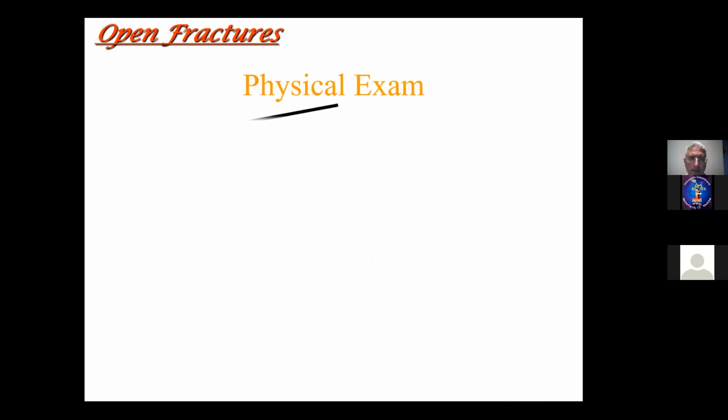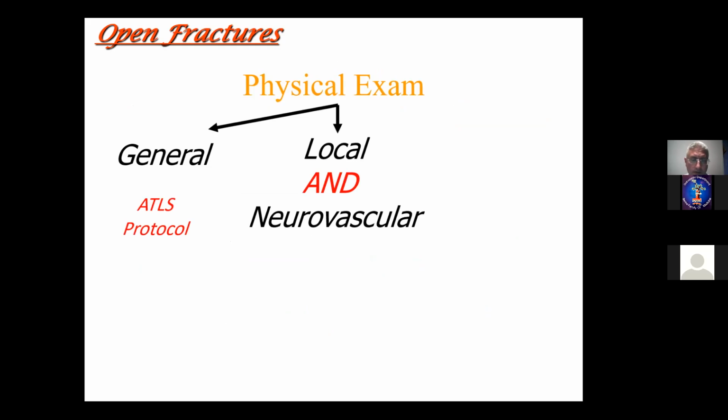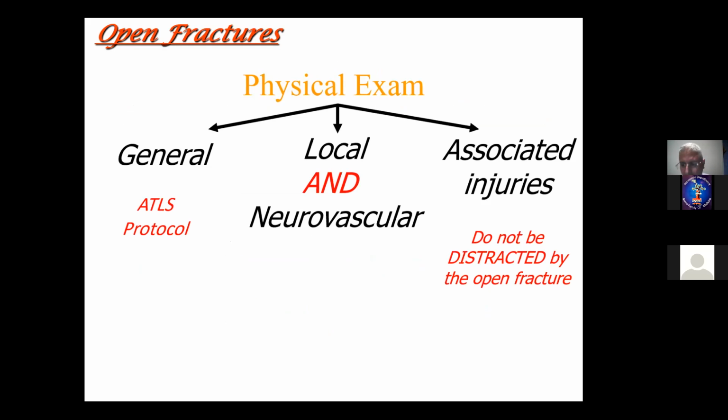Regarding the physical examination, of course, as we said before, in general we must follow the ATLS, Advanced Trauma Life Support protocol, for assessment. These are considered high energy fractures, and the patient should be treated as a polytrauma. This is followed by local and neurovascular examination. Don't be distracted by the open fracture, and always look for any associated injuries.